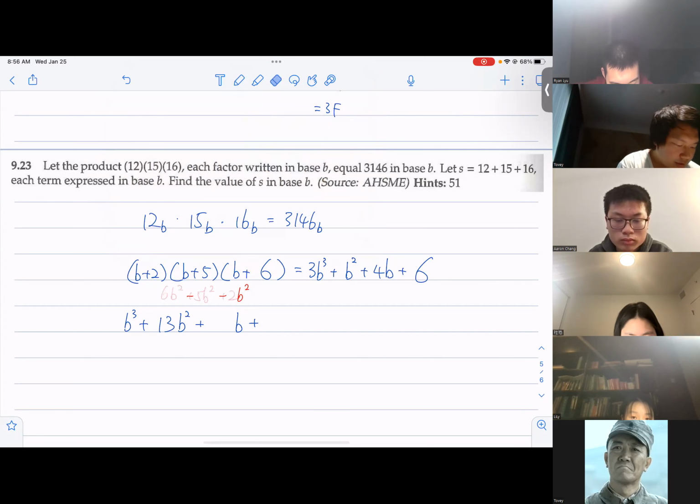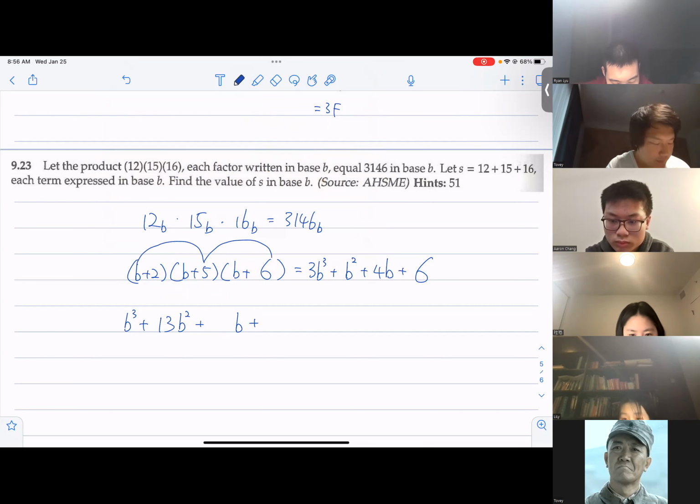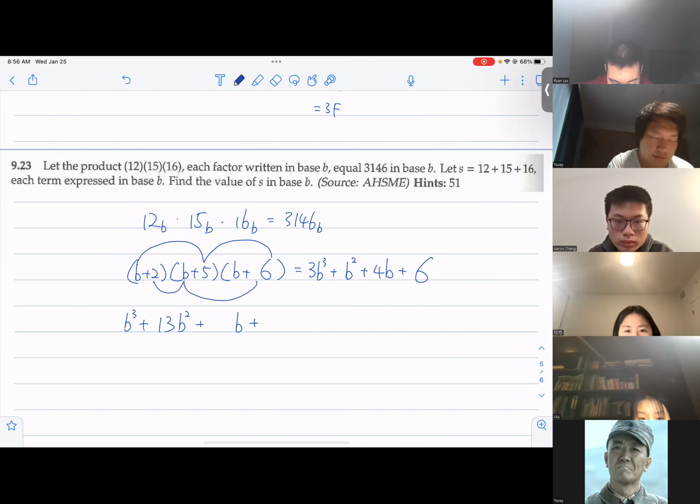And then what about the term with only b? If you want a term with only b, that means that if you use the b from the first bracket, then in the second bracket and the third bracket, you can only choose the numbers. For example, here, b times 5 times 6 gives you 30b, right? And also if you choose b from the second bracket, there'll be 2 times b times 6.